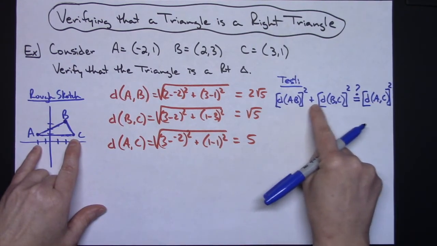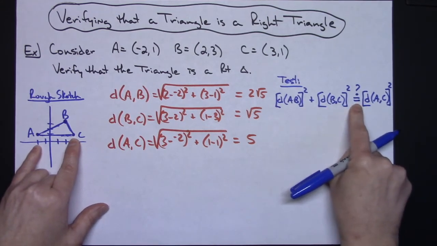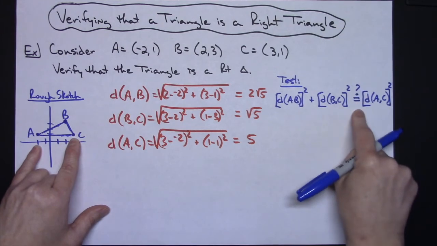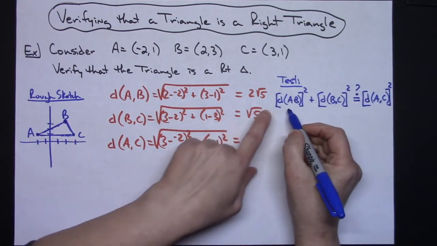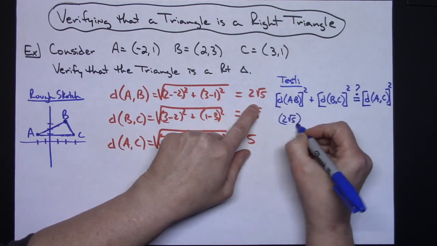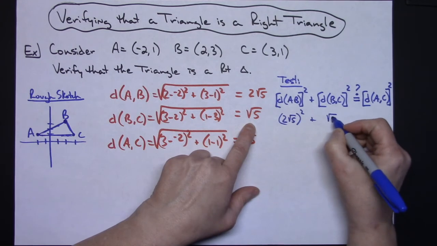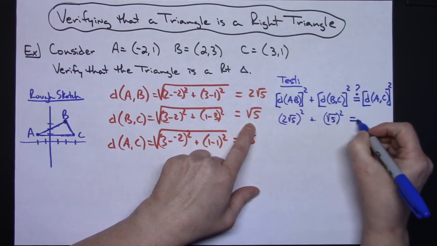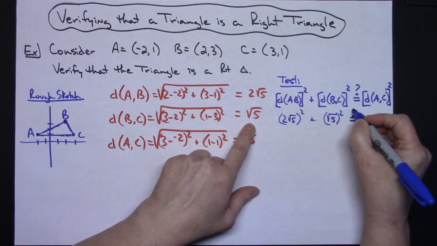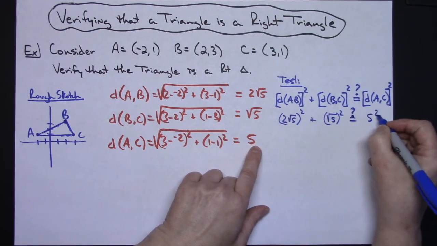So a squared plus b squared equals c squared. I'm testing it because at this point I don't know. My distance from A to B was 2 square root of 5 squared, plus the distance from B to C was square root of 5 squared, is that equal to 5 squared?